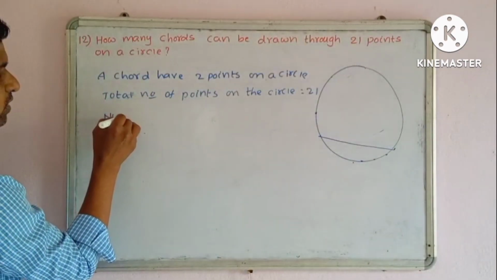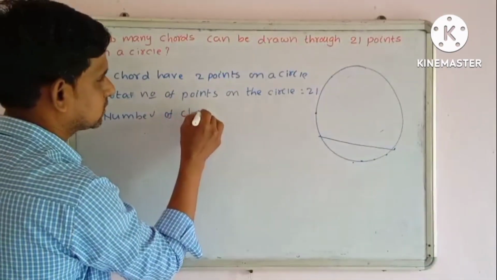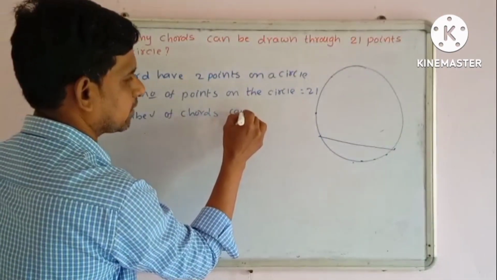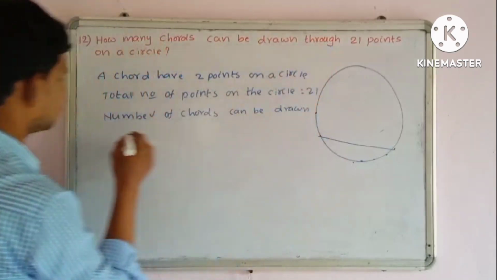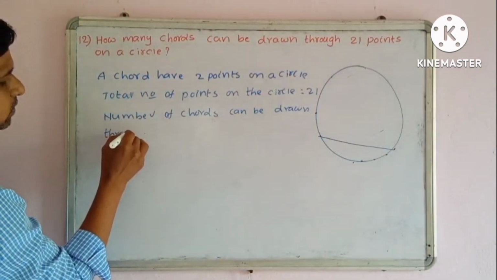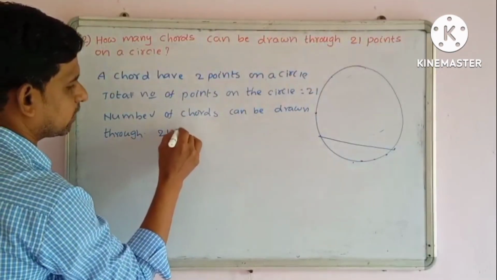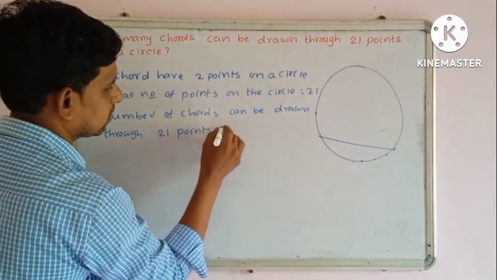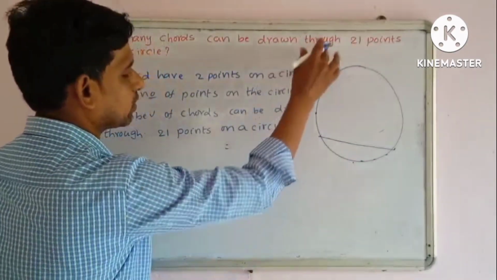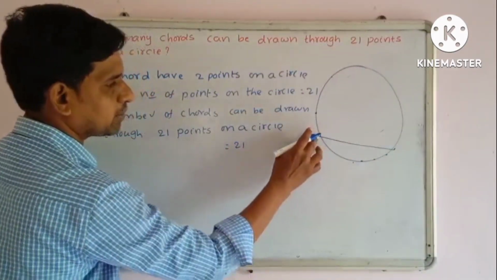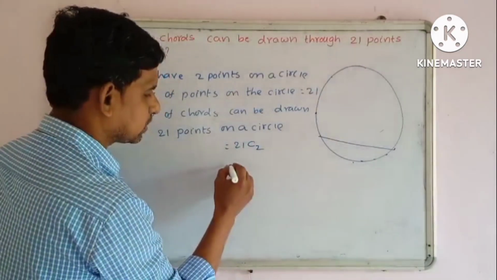So the number of chords that can be drawn through 21 points on a circle equals, here 21 points are there and a chord can be drawn with 2 points, so 21C2.